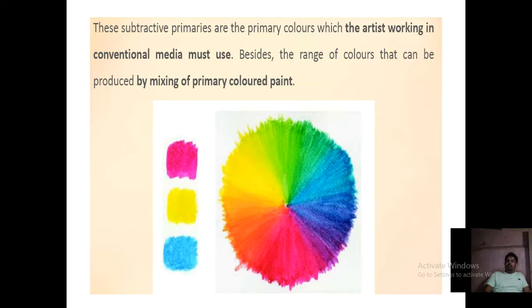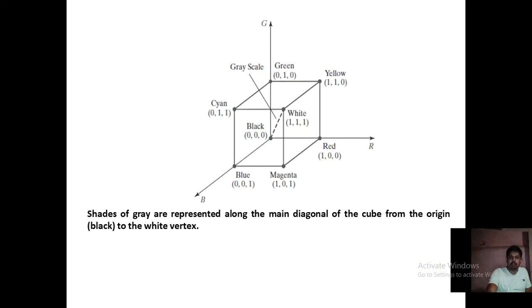Definitely some quantity X of cyan, Y quantity of magenta, Z quantity of yellow. If you mix with different quantities, definitely you will get different shades of those colors. This is how the color model in OpenGL will work, right?